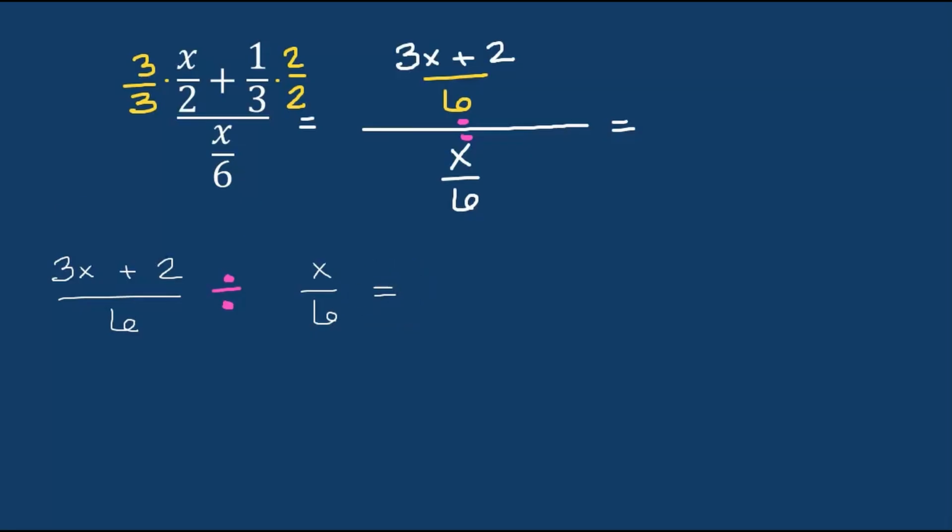Our next step then is to convert that division sign into multiplication. Remember, to do that, we're going to keep the first fraction. So we keep this fraction, and we multiply by the reciprocal of this fraction. So we have 6 over x.